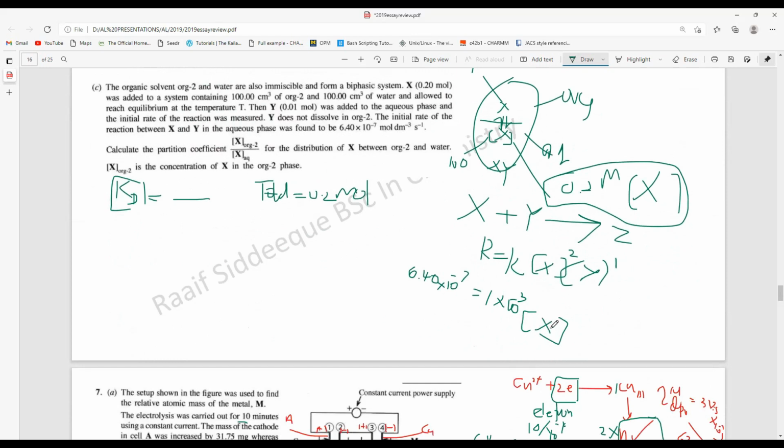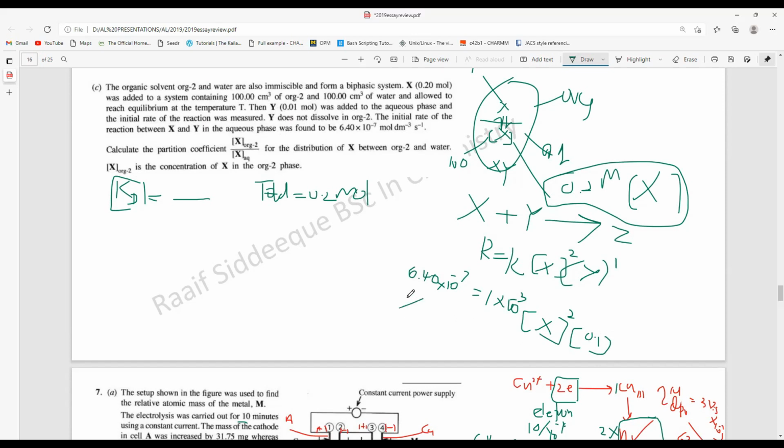No. So you just take this as X squared. But you know the concentration of Y. So Y is 0.01 divided by 100 into 10 to the power minus 3. So basically Y is 0.1, right? So this is 0.1. Put the units.